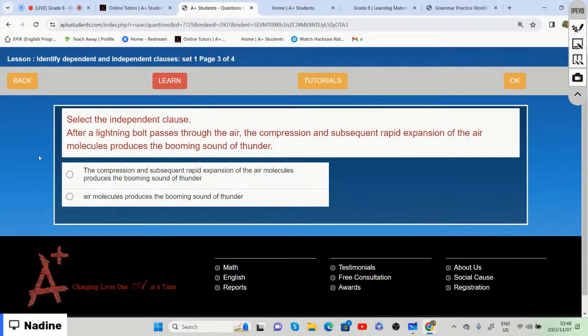We need to select the independent clause.